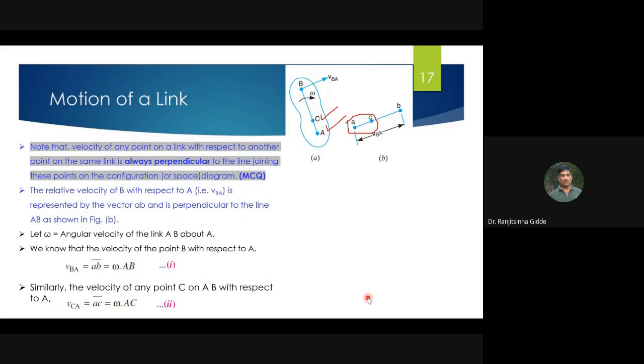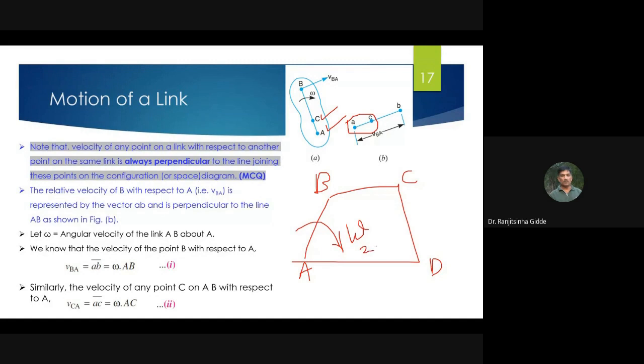So initially we need to determine the linear velocity of the input link. So for example, if such a configuration is given, here this is A, this is B, C and D, and here it is shown omega, and let me take 20 radian per second.